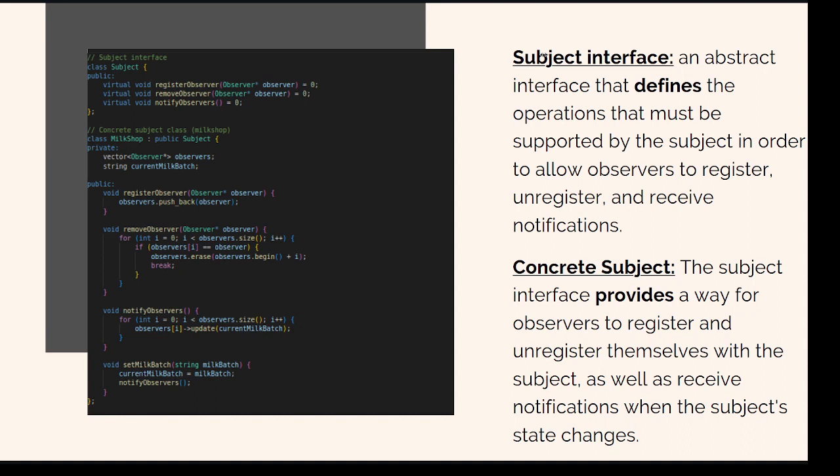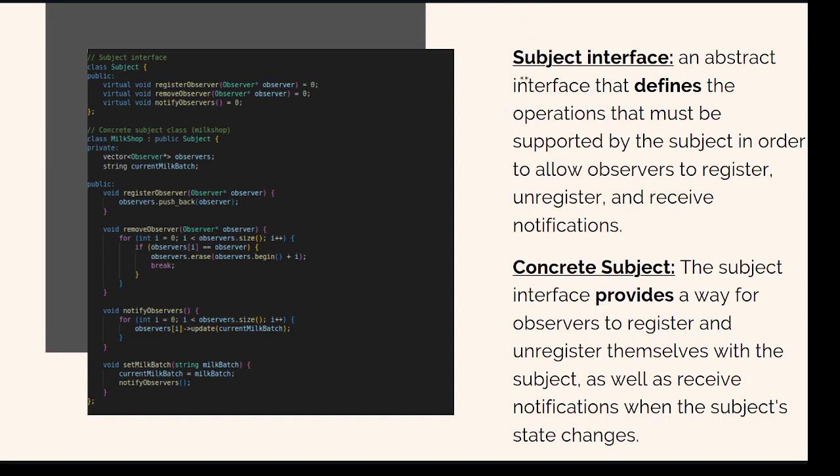It includes register, remove, and notify. Register allows the observer to subscribe to get the updated information. Remove lets the observer unsubscribe, to stop receiving the information from the subject. And notify gives the updated information to the observer.